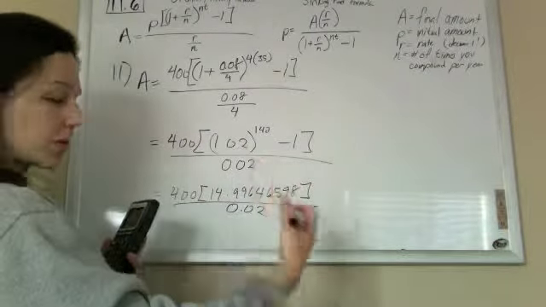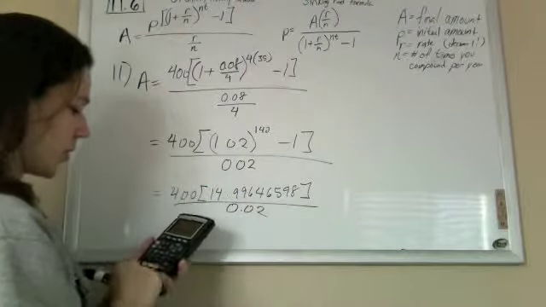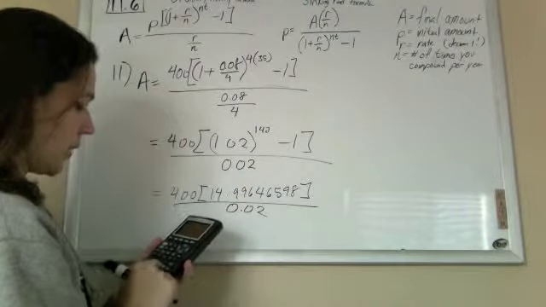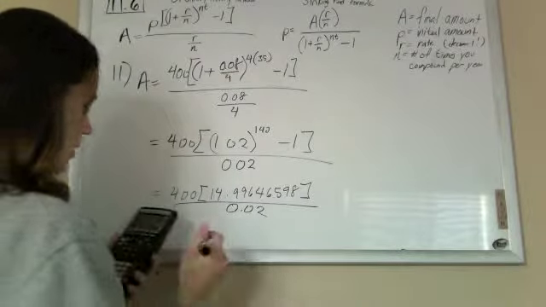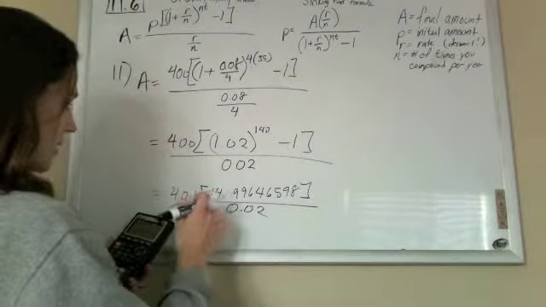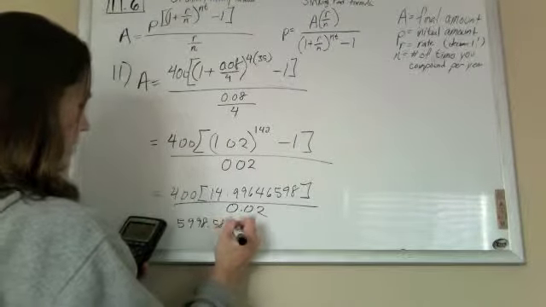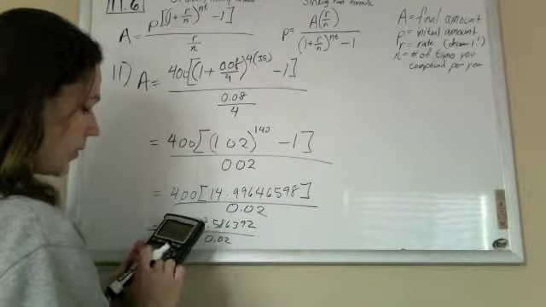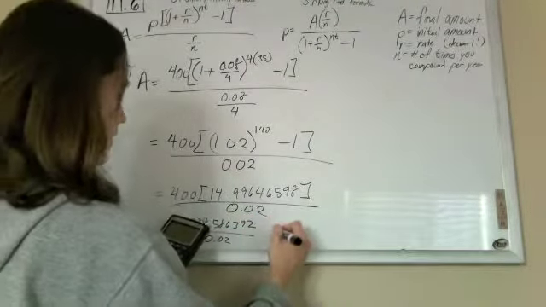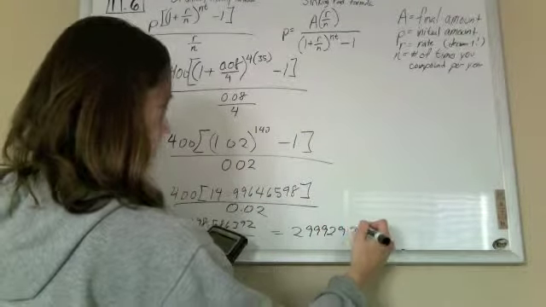So now, just crank this out. 400 times 14.99646598, and then that is 5998.586392 divided by 0.02 gives you 299,929.32.